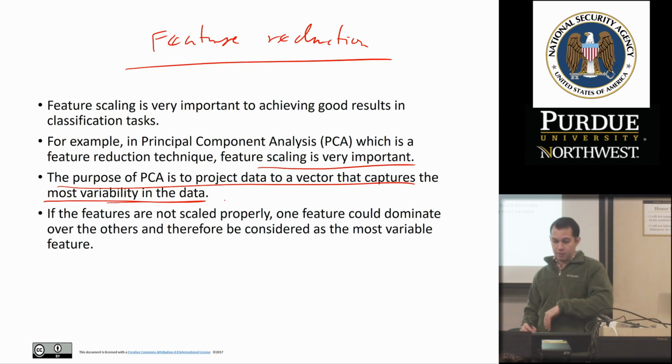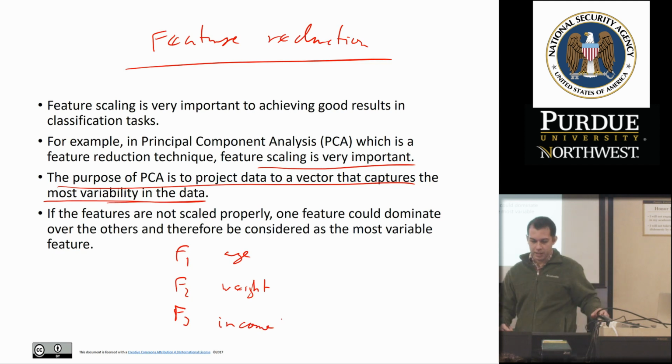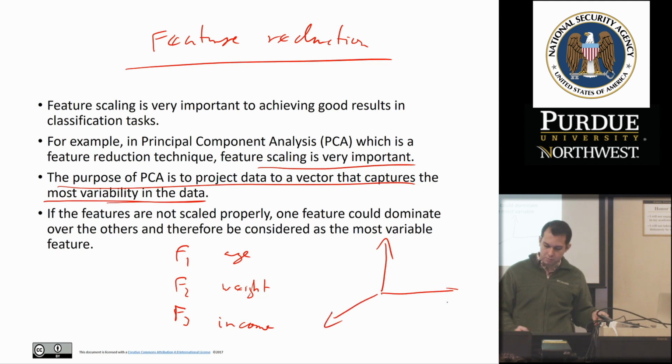So the classic example of feature scaling is, imagine that you have 3 data points, F1, F2, F3, right? So you have age, weight, and then income for a person. So think about it. If we plot this, it's a 3-dimensional vector space, right? Then we would say age goes from what? 0 to 100 probably.